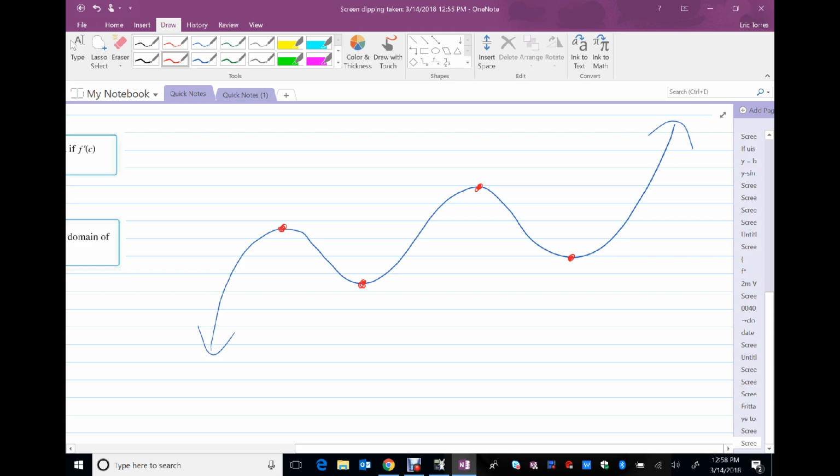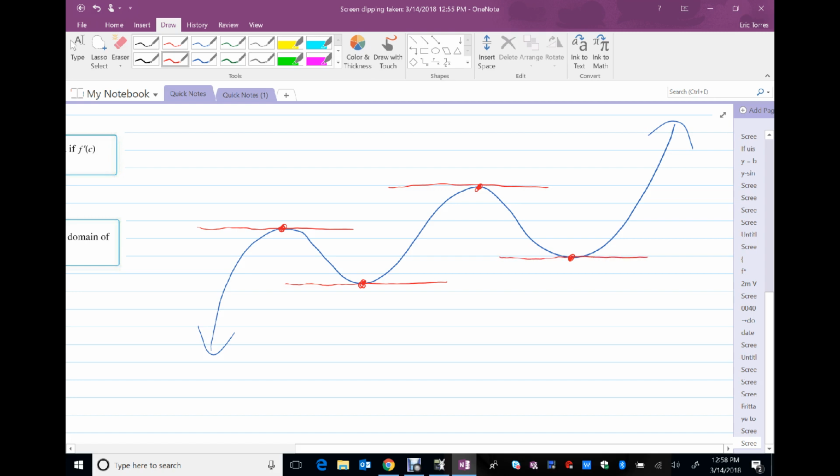So these are local minimums and maximums, and on every one of these, the derivative is defined. And it's clear that if we were to draw the tangent line at every single one of them, that tangent line would be a horizontal line at each and every one of them.